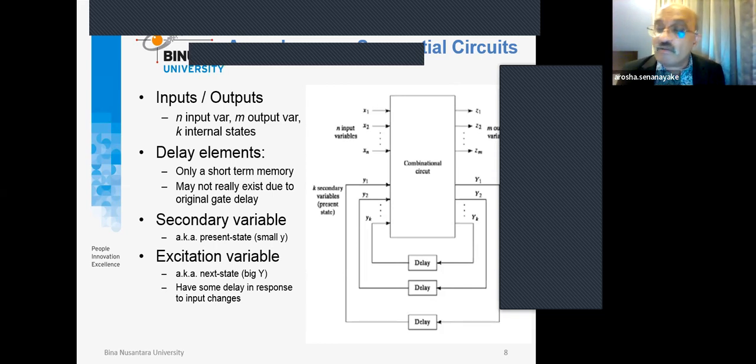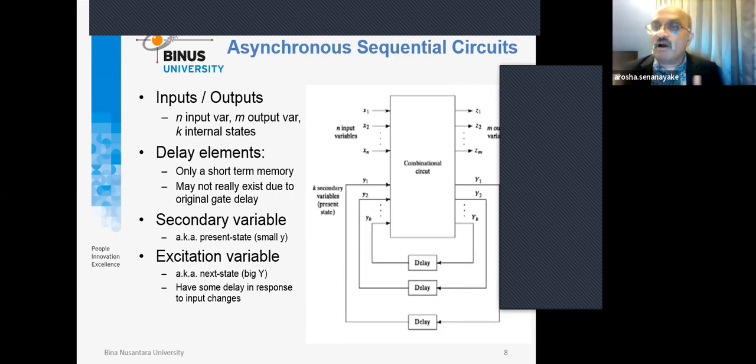Therefore, we call this small y the present state. Present state means, depending on the input values we have in the input variables, there should be some present state, zeros or ones, to produce the output and intermediate next states.